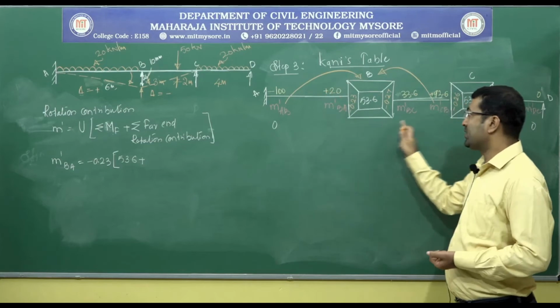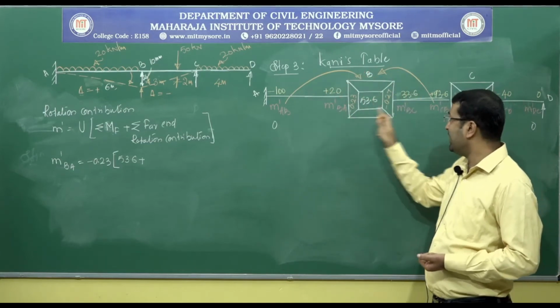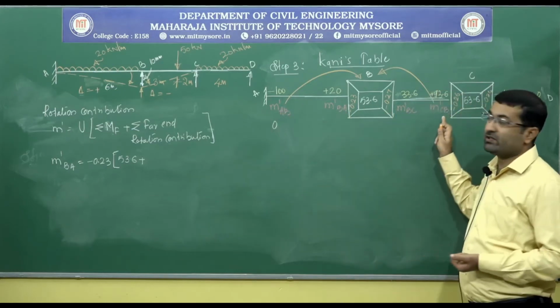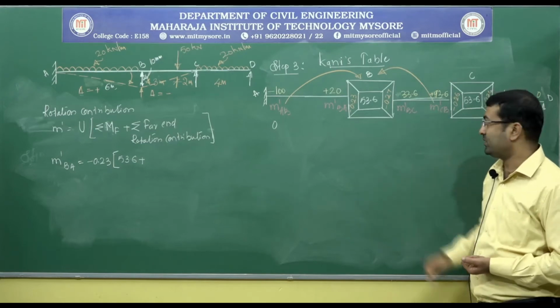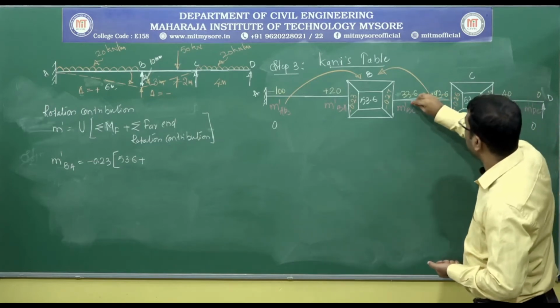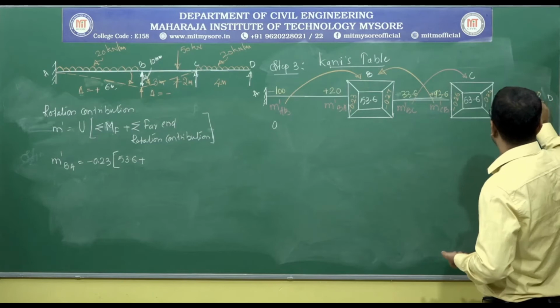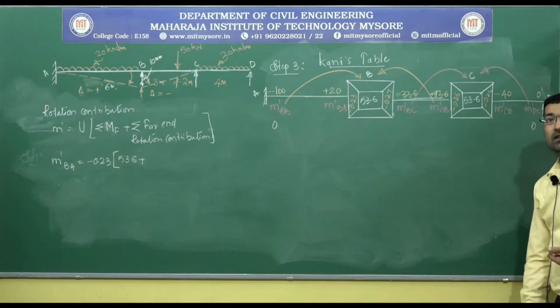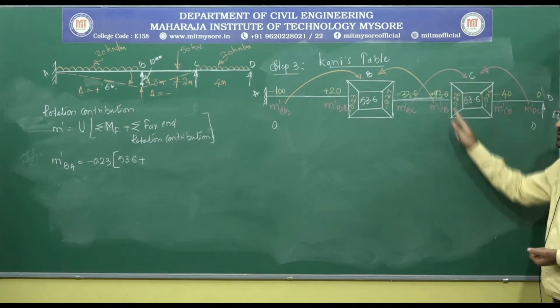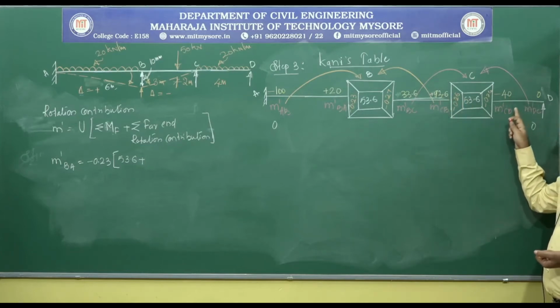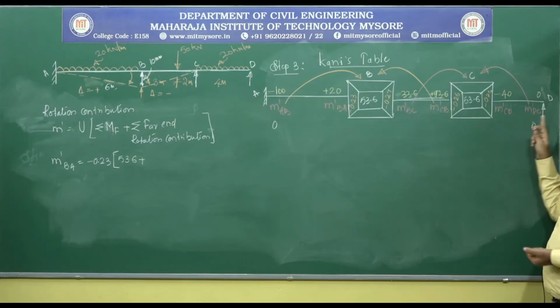Whenever I am calculating M dash BA and M dash BC, I need to use M dash AB and M dash CB as the far end rotation contributions. Similarly for joint C, whenever I am calculating M dash CB and M dash CD, I need to use M dash BC and M dash DC as the far end rotation contributions.